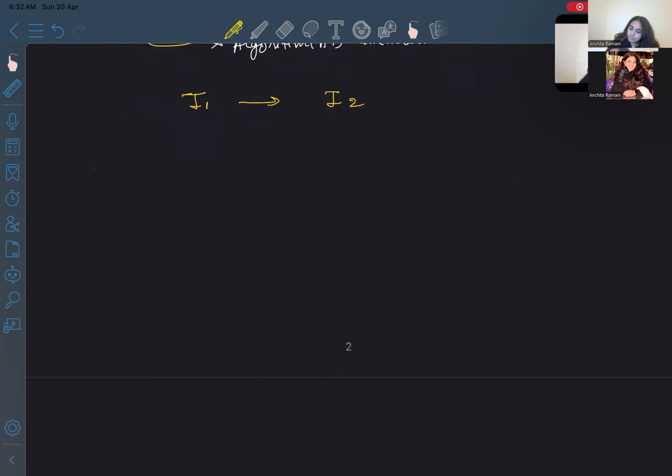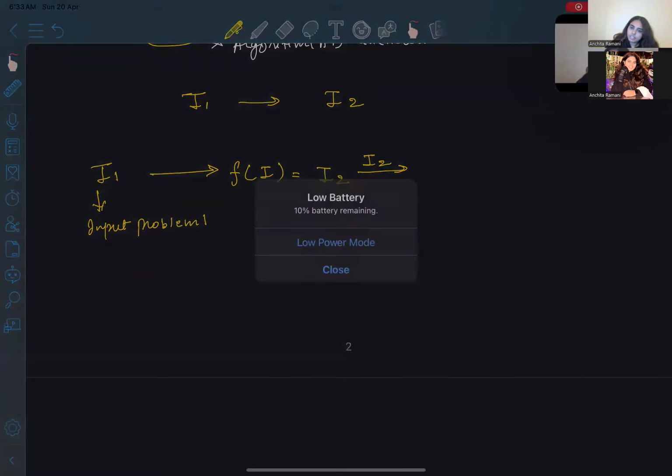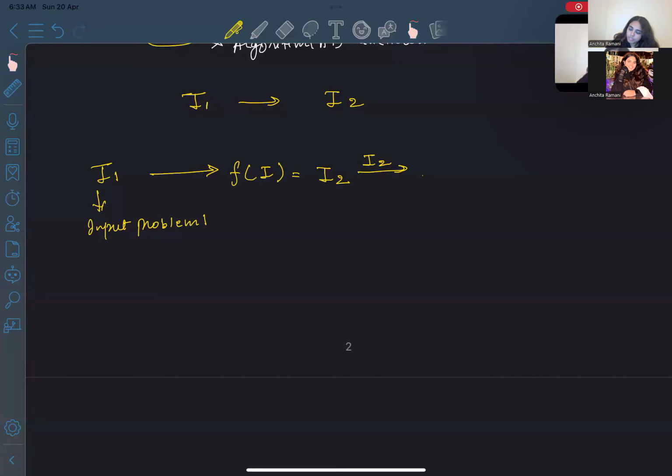So let's understand it this way: you have this input I1, the input of problem one. Then you apply some function to it, and you convert input one to input two. And then you feed that input to the algorithm that we knew, which was A2.